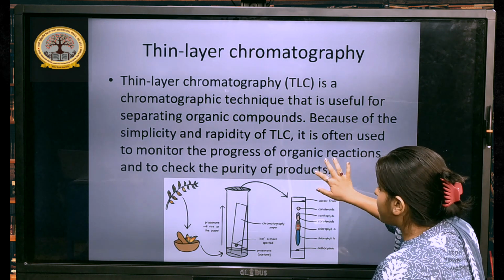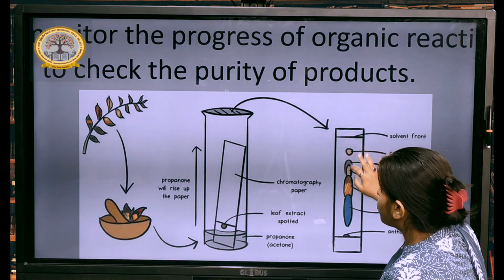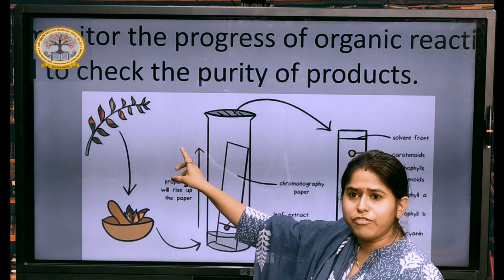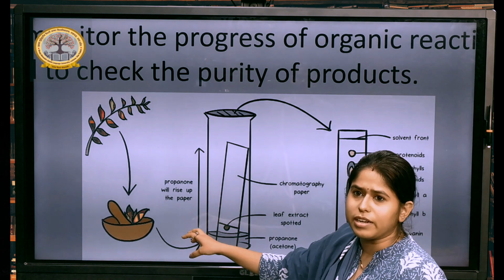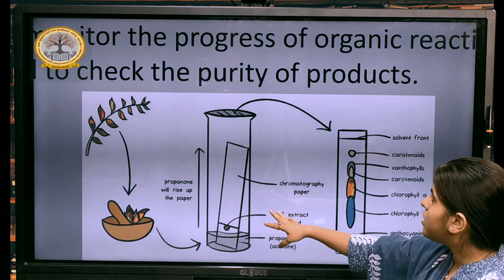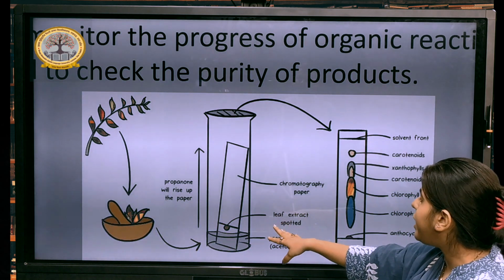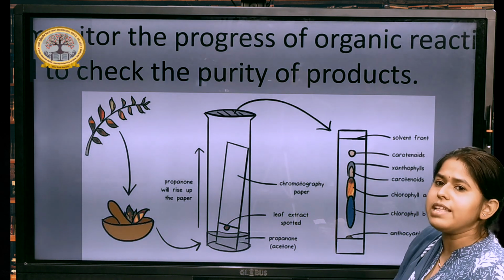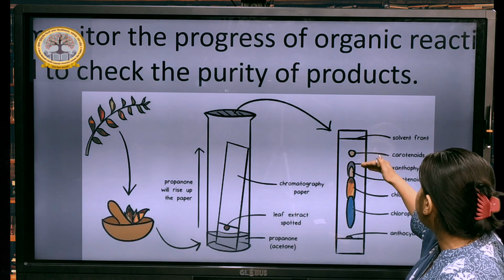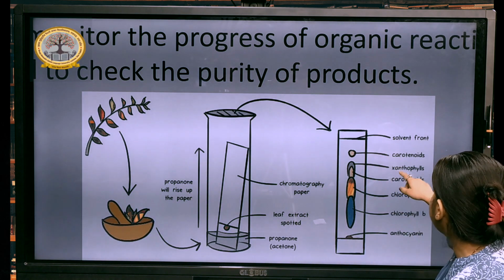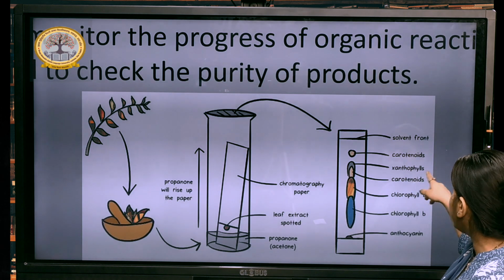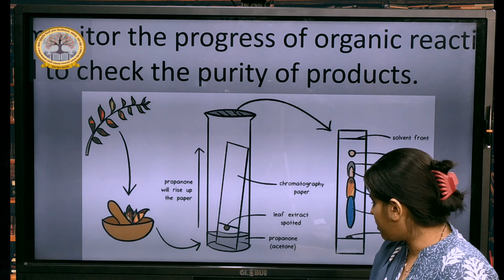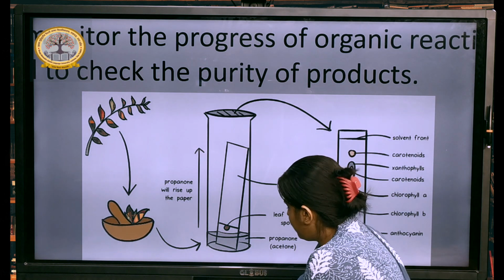The best example to study planar chromatography is if we take a leaf, make its extract and apply it via TLC, we will be able to separate different components of a leaf, different pigments present in a leaf, into their individual components. That is, the carotenoids, xanthophylls, different types of chlorophylls. We will achieve different components in different forms.